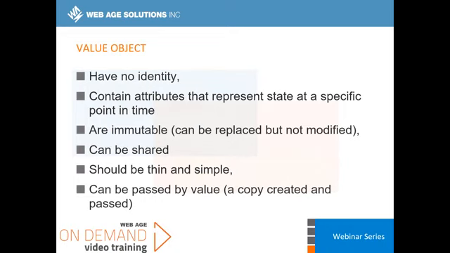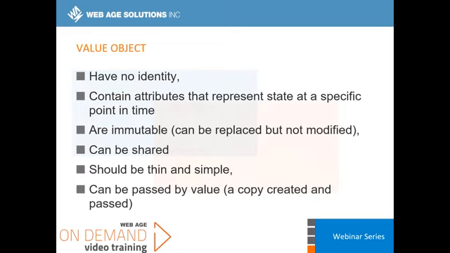Now contrast that with a value object. A value object is an object that's defined by its attributes. An entity is an object defined by its identity and not its attributes. A value object is defined by its attributes and not necessarily by its identity. So I'll try and give you an example of what the difference is.